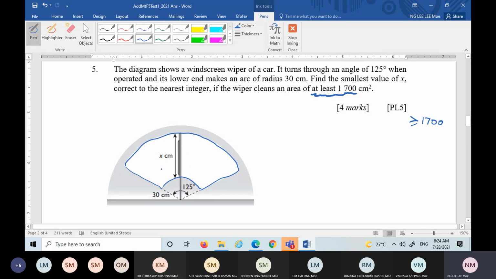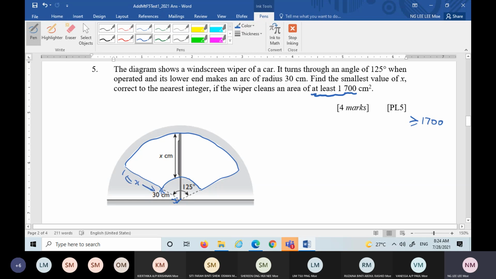If you see, actually this is a big sector minus a small sector. Here to here is 30 centimeter. Here to here is 30 centimeter. And then here is the one you want to find, which is the x. You have to imagine a bit. This one comes to here, so here is the x.